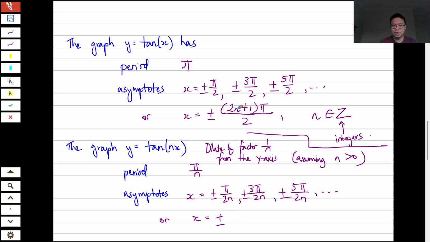So I'll change this to k. And then now I can divide everything by n. So 2k plus 1 pi divided by 2n, where k is an integer.